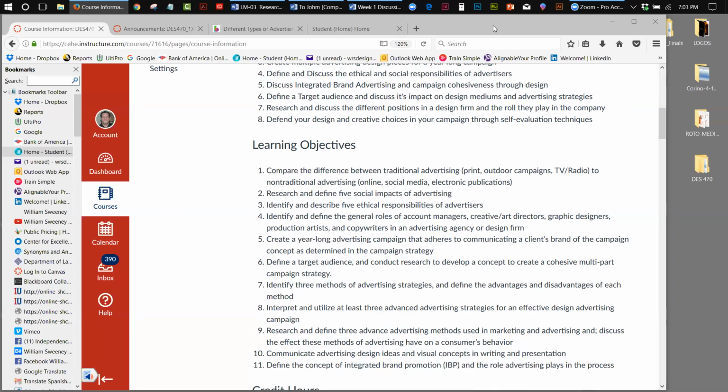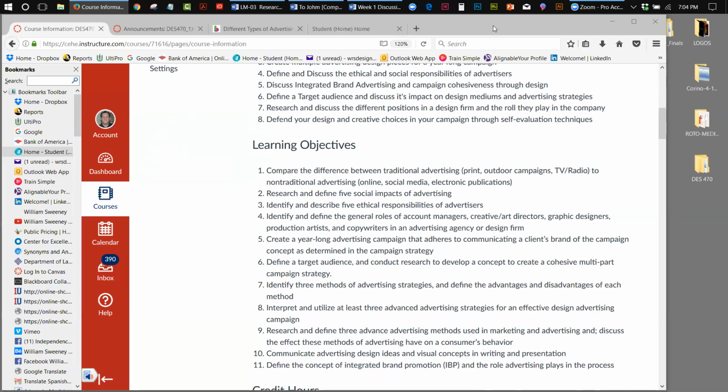It really comes down to defining a really good campaign strategy, which will be applied through the course of a year over several different areas, such as maybe print advertising campaigns, social media, electronic publications, and so on.